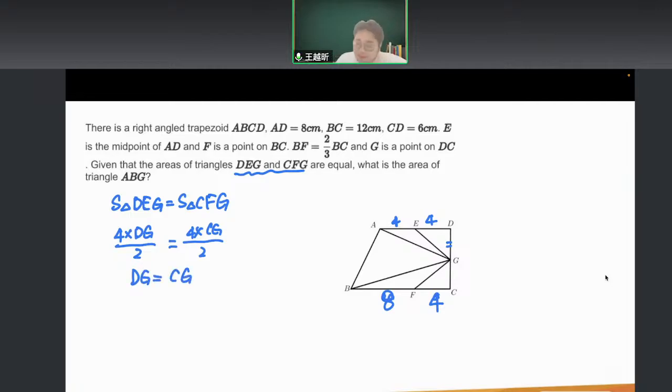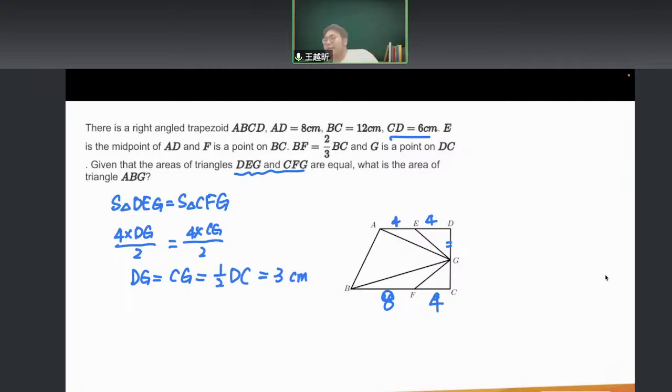Because DG equals to CG, it means G is the midpoint of DC. So we can also write it equals 1 over 2 DC. Do you know what 1 over 2 DC equals? We know CD equals 6 centimeter. So this one is just 3 centimeter.